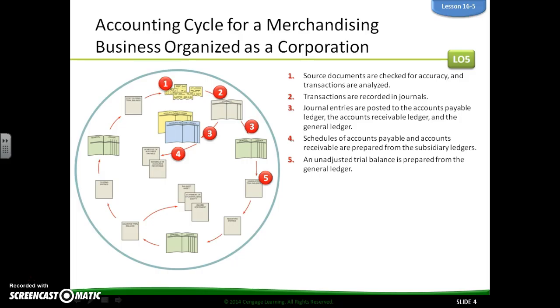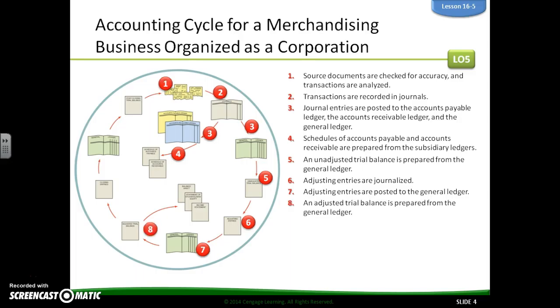So we do the unadjusted trial balance, prepared from our general ledger. That's step 5. Then all of our adjusting entries are journalized and posted to the general ledger. An adjusted trial balance is prepared from the general ledger. Financial statements are prepared from the adjusted trial balance.